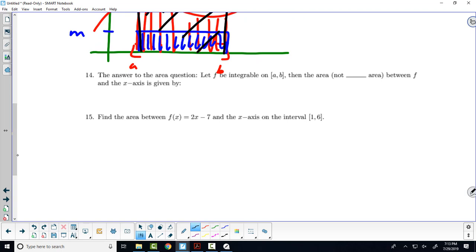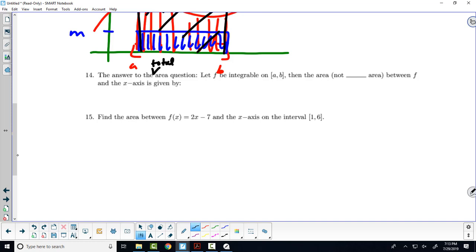The answer to the area question then, and by the way, there's nothing wrong with me saying this, but let me just emphasize this as total area. For you guys, if ever I ask you for an area question on an exam, I will write either total area or net area, so you don't have to spend time deciding which one I'm talking about. Now, if I just give you a definite integral, what am I asking you to find?